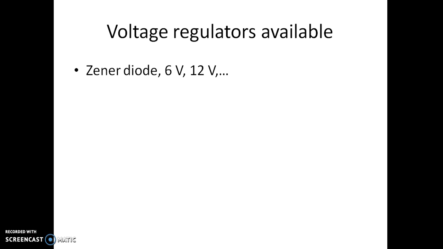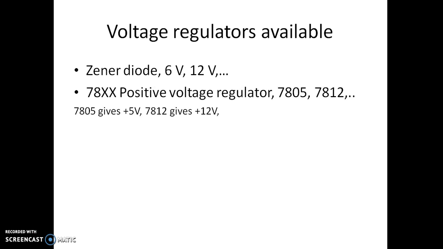These are the different voltage regulators available. The simplest form of voltage regulator is a Zener diode. It can be of the rating 6 volts, 12 volts, or any other required voltage we can get. Other regulators are 78XX, which is a positive regulator.